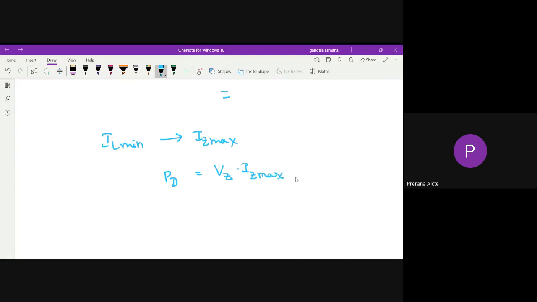Power dissipation is 300, Vz is 6 volts. So you have to find Iz maximum. In the same way, IL minimum is equal to I minus Iz maximum. Substitute the values and you get the IL minimum value.